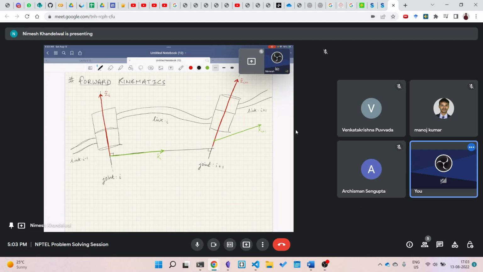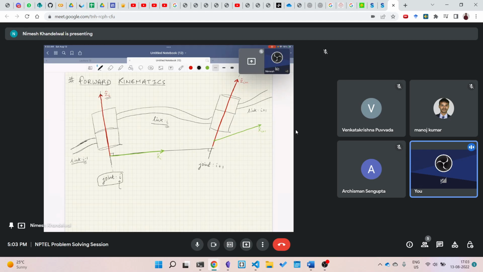We said that link I minus 1 and link I have a common axis of rotation that we call Zi. The joint between link I minus 1 and I is what we call joint I. It is our convention.